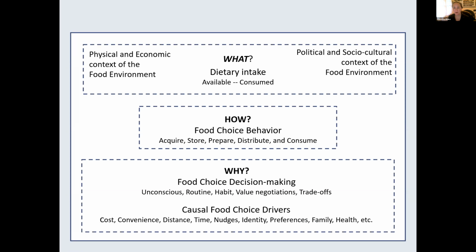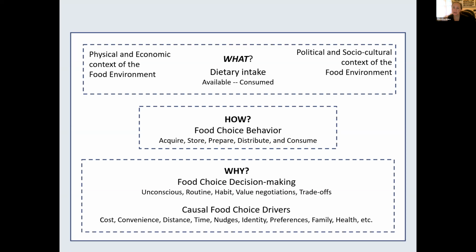How do people acquire, prepare, distribute, and consume the food they eat within this context? And to get at the drivers of those behaviors and ultimately the consumption of different foods, why do people make the food choices that they do? This yields information about decision-making processes for food choice and also the causal drivers of those choices.